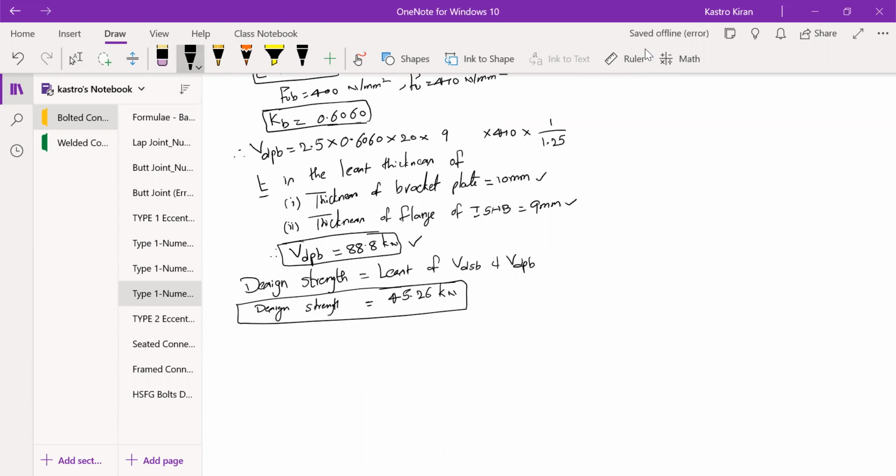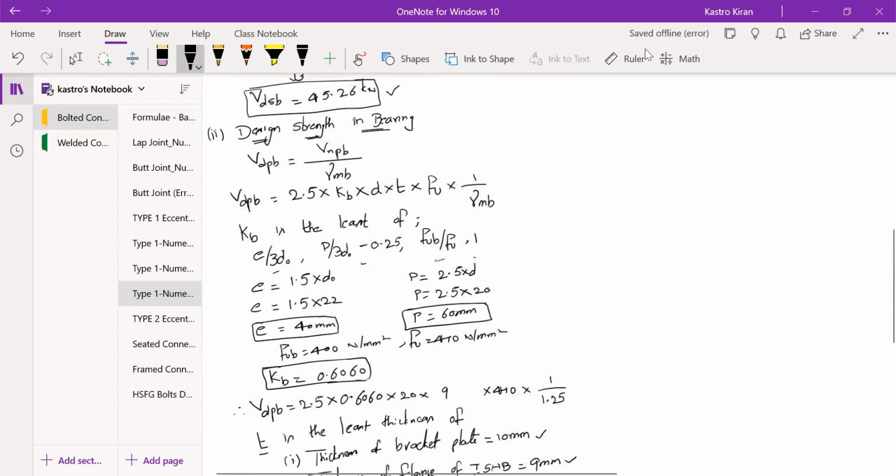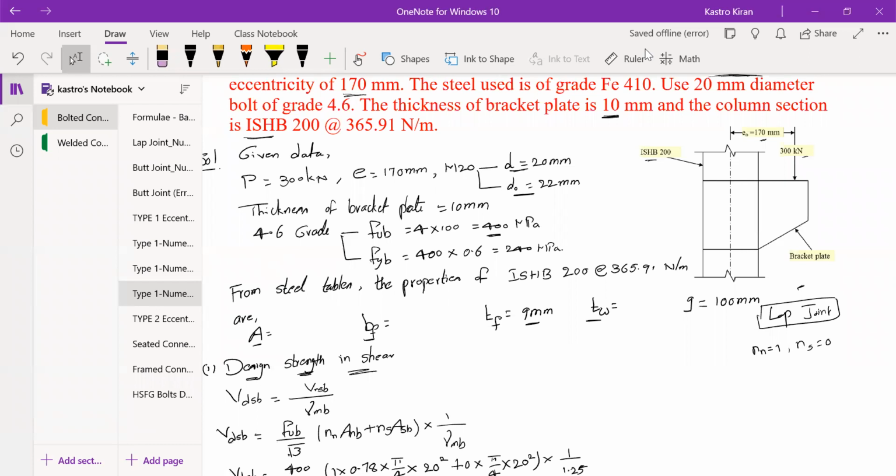So far we have calculated the values of VDSB and VDPB. Now let's find out how many bolts are required for this connection. Why find the number of bolts? Because you need to connect the bracket plate with the column section.